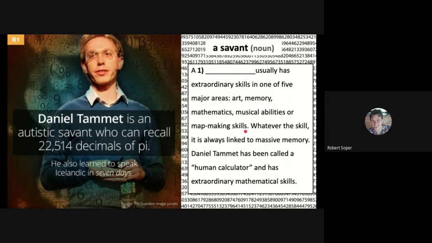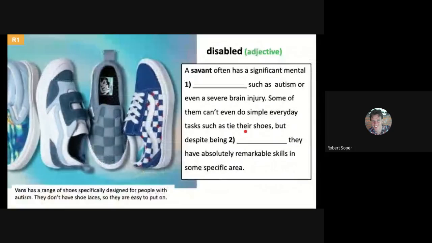Okay, let's press ahead and see if you can do this exercise on your own. Before you begin, remind yourself what you need to do. Here, let's say, is the base word, disabled. It's being introduced to us as an adjective.